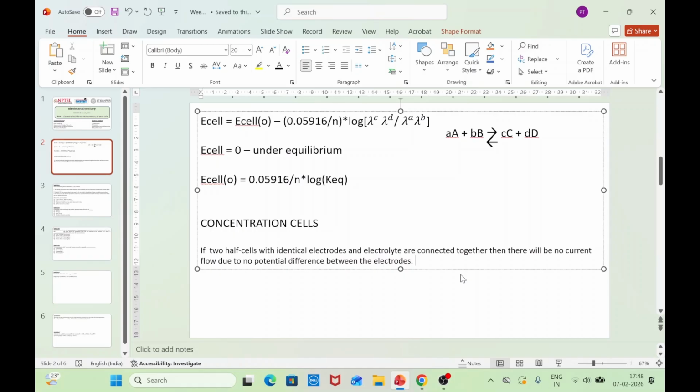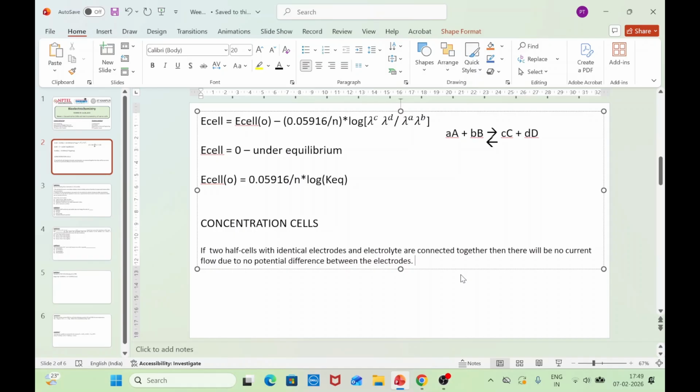So what can I do for this to happen? Simple. I can vary the concentration of the electrolyte. Till now I have talked about using identical electrodes and electrolytes. I have never given a constraint on the concentration of the electrolyte that will be used in the half cells.